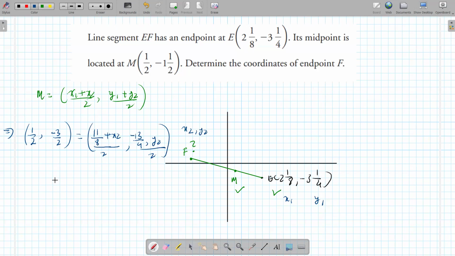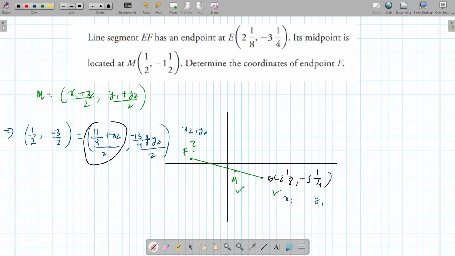Is this making sense? We're just using this formula, but now x2, y2 is missing, unlike last question where the other thing was missing, the midpoint. So now how do you solve this equation? Now we have commas. You can treat them as independent equations. You can treat them as their own thing.